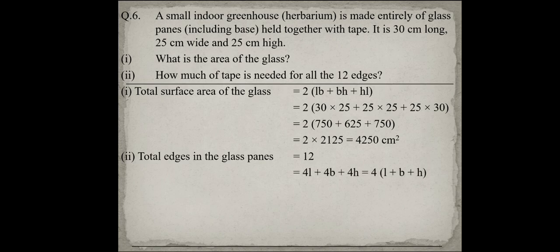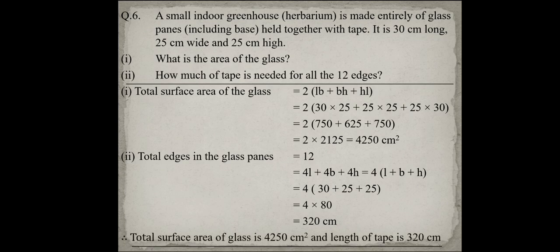It means 4 into length plus 4 into breadth plus 4 into h, that is 4 into (L plus B plus h), equals 4 into (30 plus 25 plus 25), equals 4 into 80, equals 320 centimeter. So the total surface area of glass is 4250 centimeter square and the length of tape is 320 centimeter.